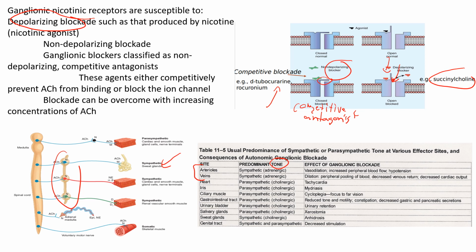Something else to note is that it's really only veins and arteries that by default have sympathetic tone. Everything else is going to be parasympathetic by default. So I would definitely know that. That will probably be a question. So when it comes to your eyes, your digestive tract, right? Everything else is parasympathetic.